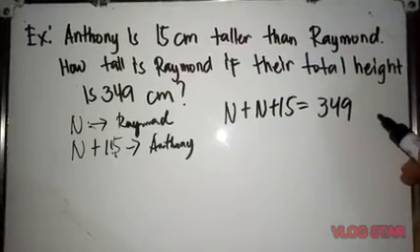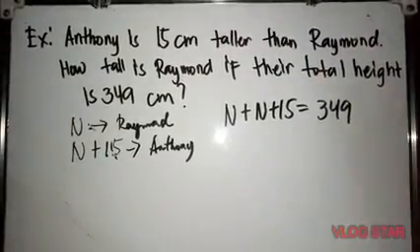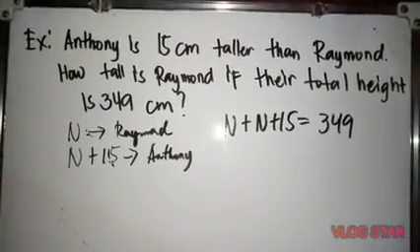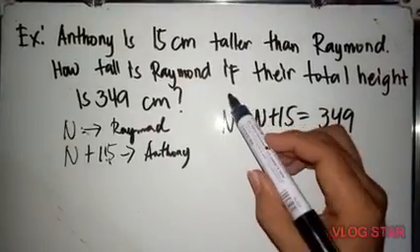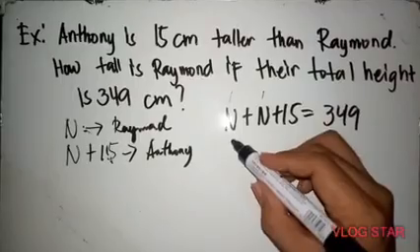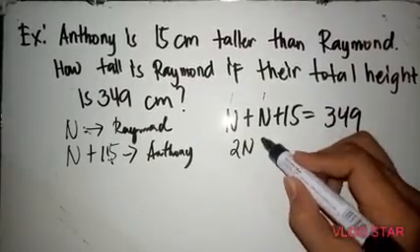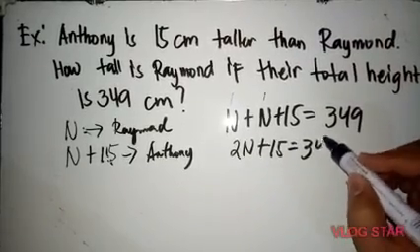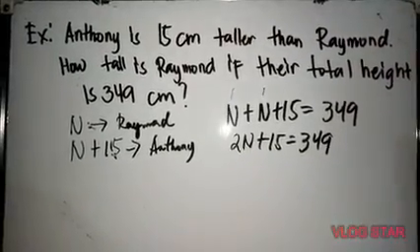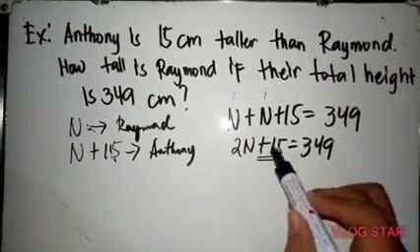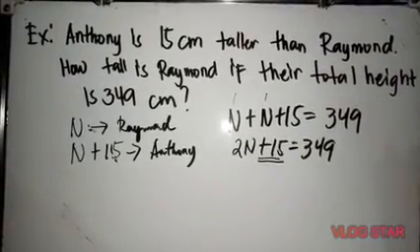The first step is to add the like terms. So the like terms are n and n. n plus n, 2n plus 15 is equal to 349.